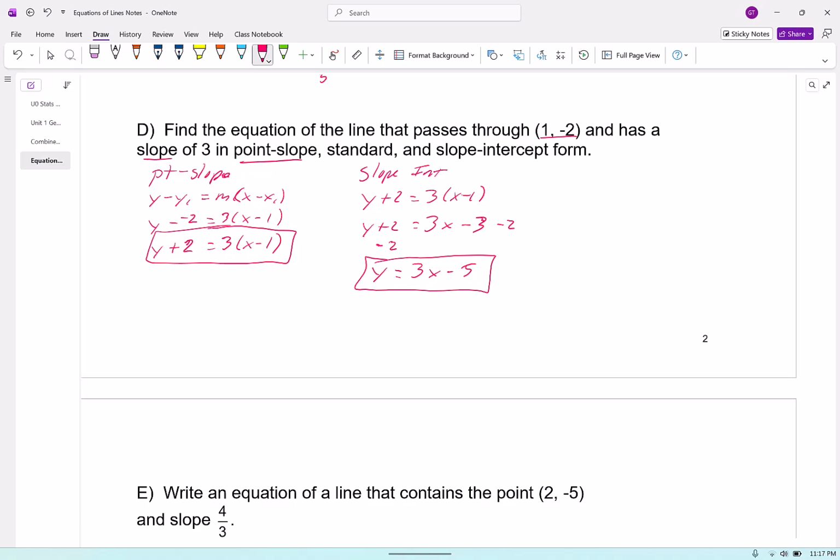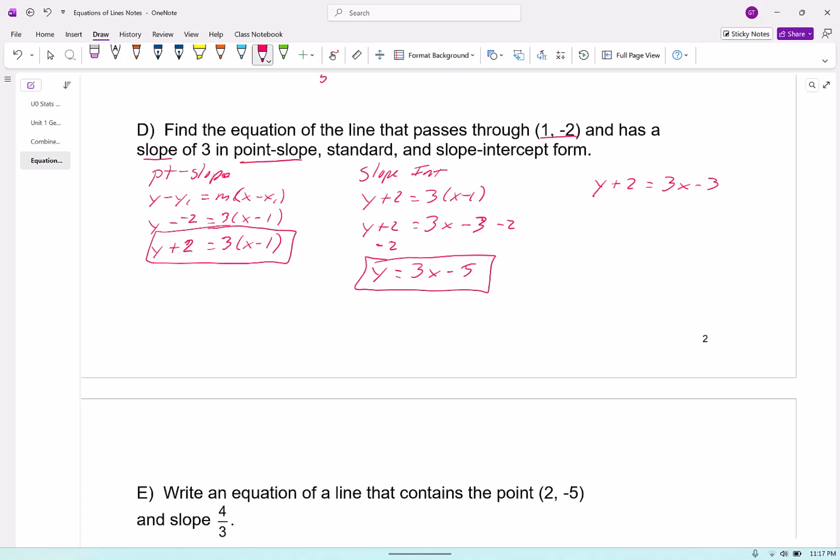So if I'm going to go into standard form, I could go back to my point slope version of this. Keep it right there. I'm going to have this distributed because I'm going to need to do that anyway. Now remember, I have to have Ax, By, and then the number by itself. So I'm going to rearrange in the opposite direction.